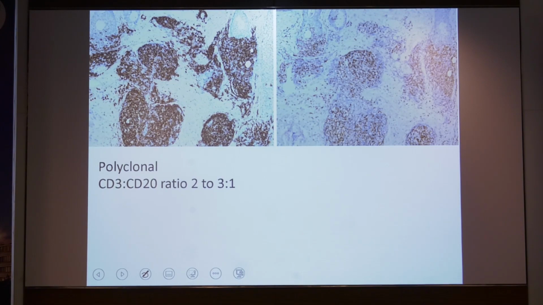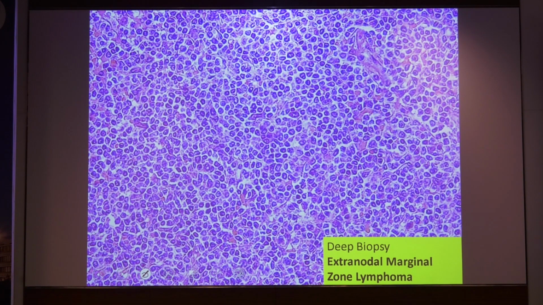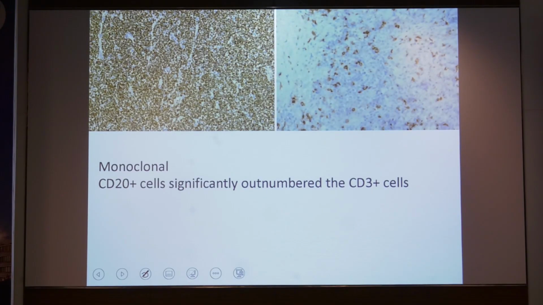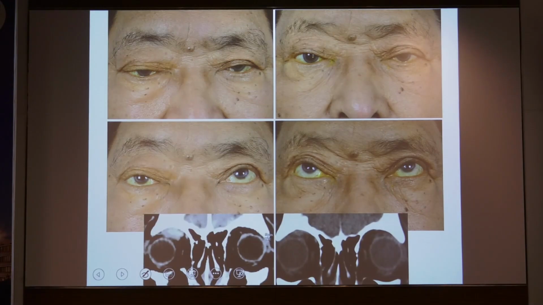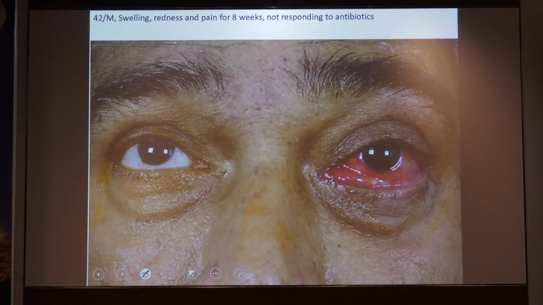That's the kind of polyclonality we found, which is consistent with benign reactive lymphoid hyperplasia, whereas the deep biopsy showed extranodal marginal zone lymphoma, and he also had mediastinal lymphoma. So in this patient, again, we could establish the correct diagnosis by going for a deep biopsy. And this was confirmed on IHC. This patient was treated with external beam radiation and chemotherapy and is doing well.